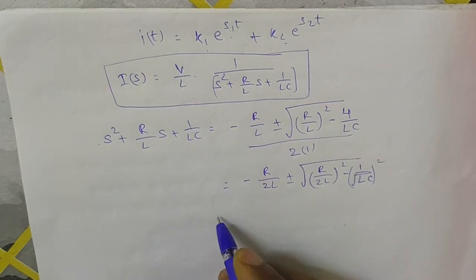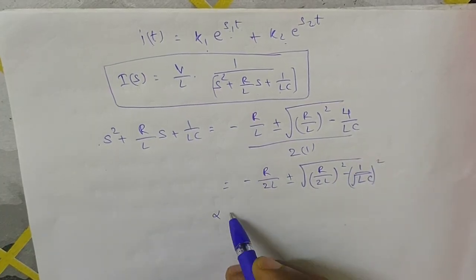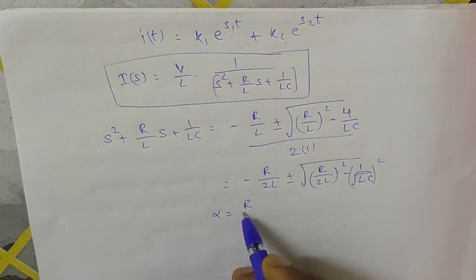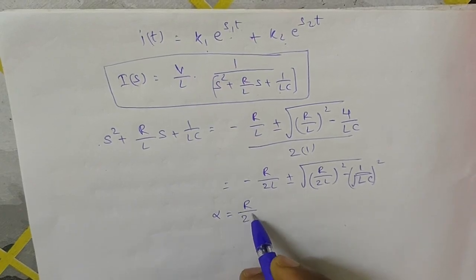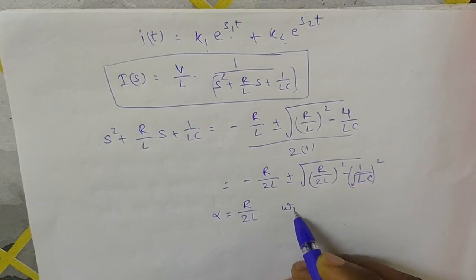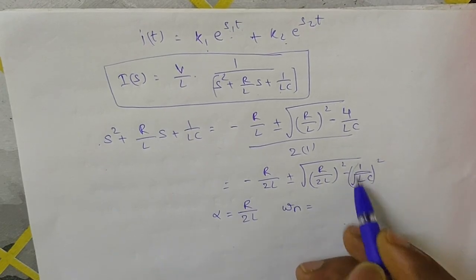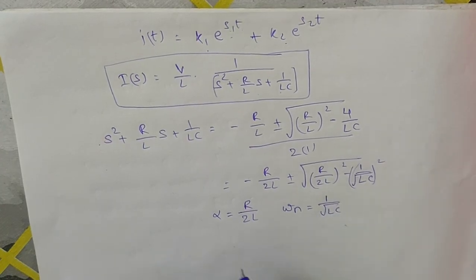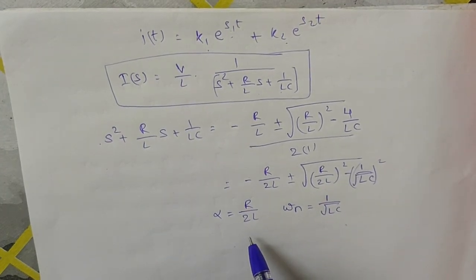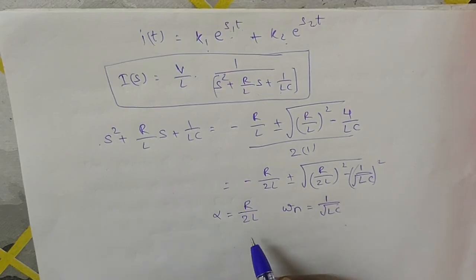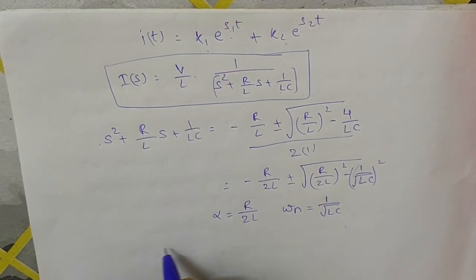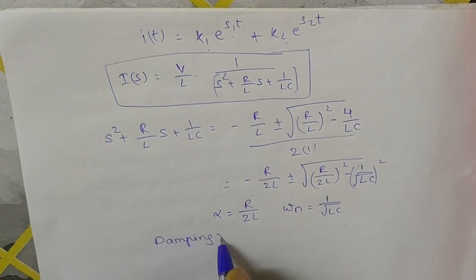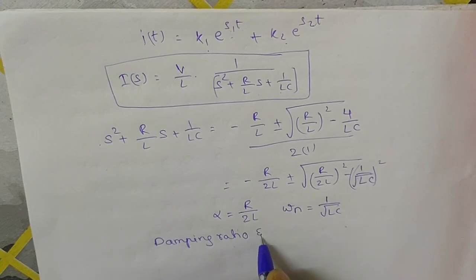Now we can take a constant alpha, where alpha is equal to R by 2L, and omega n, the other term, we can write as 1 by root LC. And we can also take the damping ratio, zeta.